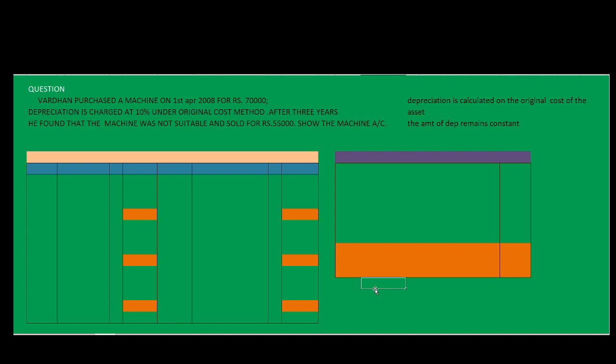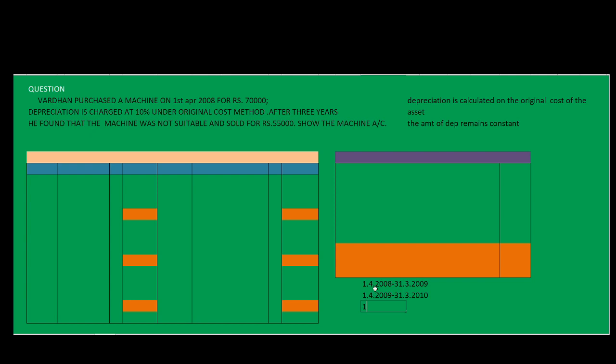The first day on which we purchased the asset is 1st April 2008, and the financial year ends on 31st March 2009. In the same way, the next financial year starts in April 2009 and ends on 31st March 2010.